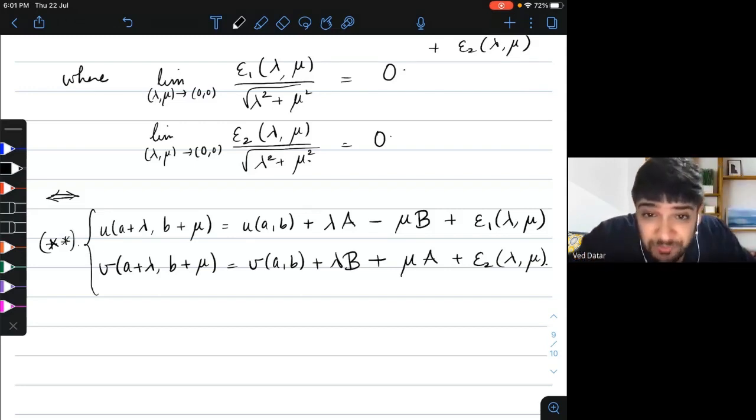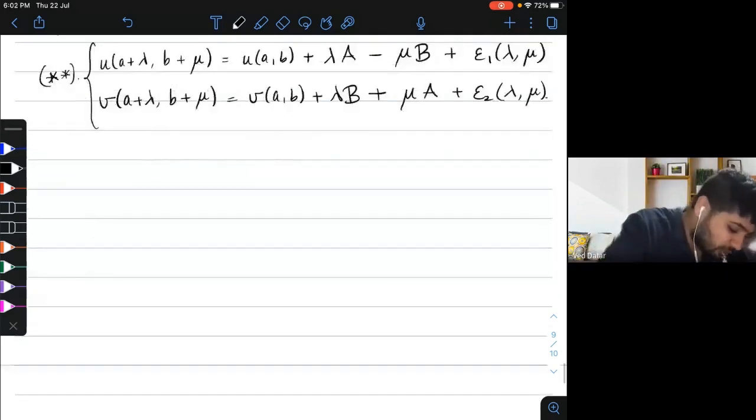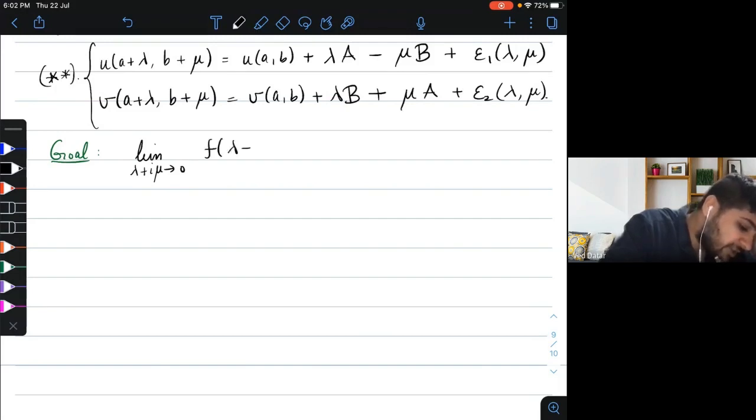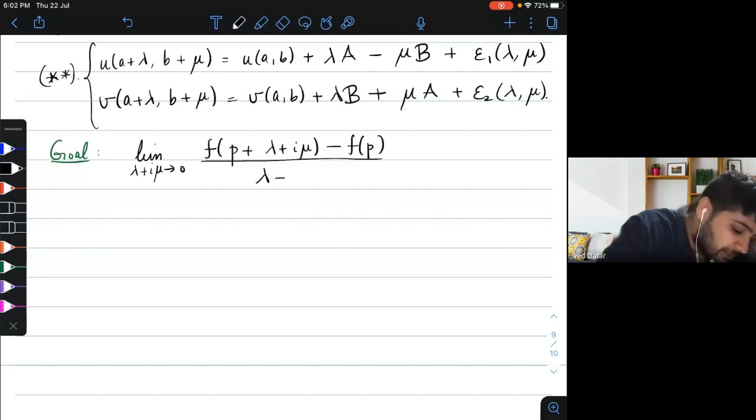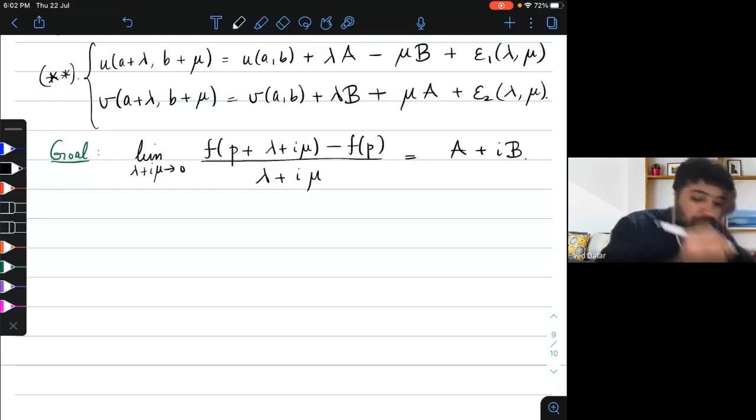Remember, I have to prove complex differentiability. So what is my goal? My goal is that the limit as lambda plus i mu goes to 0 of f of (p plus lambda plus i mu) minus f of p, divided by lambda plus i mu, converges to a plus ib.